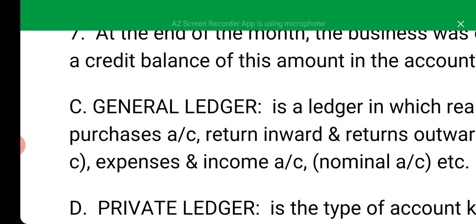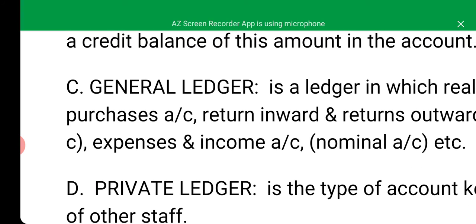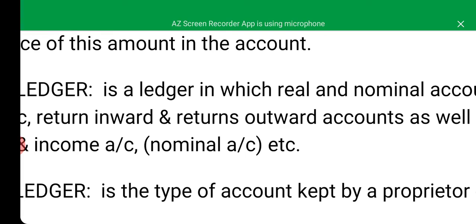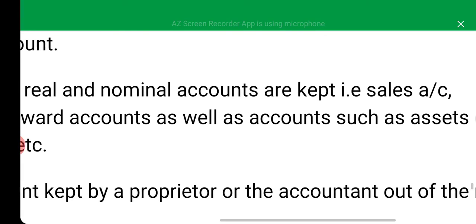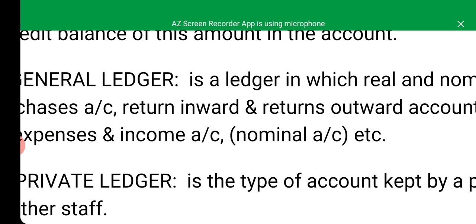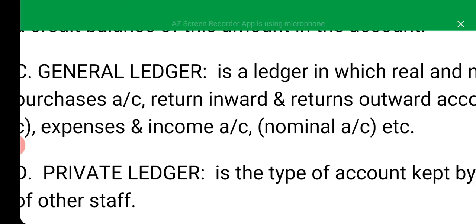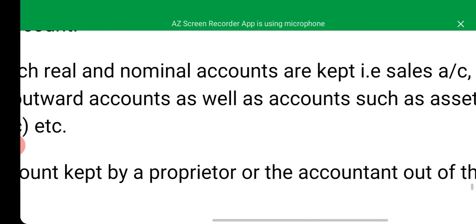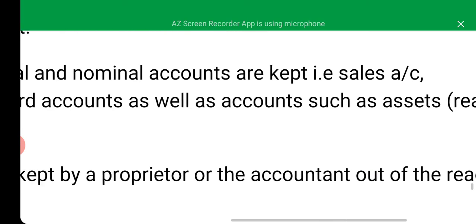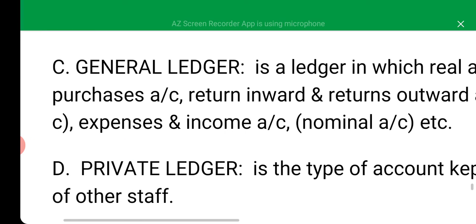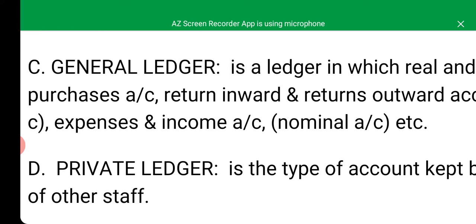So apart from the sales ledger and purchases ledger, we also have the general ledger and private ledger. The preparation and the formats are the same, only the headings will be different. The debit side is meant for receipts and the credit side for payments. The general ledger is simply a ledger in which real and nominal accounts are kept, that is, the sales account, purchases account, return inward and return outward accounts, as well as accounts such as assets, which are real accounts, and expenses and income accounts, which are nominal accounts.